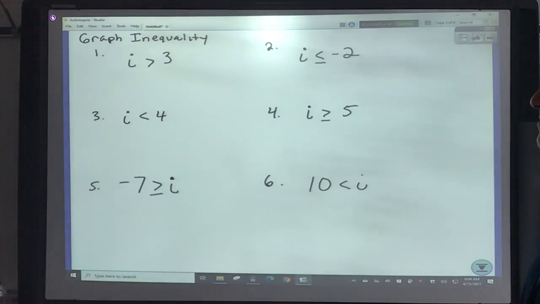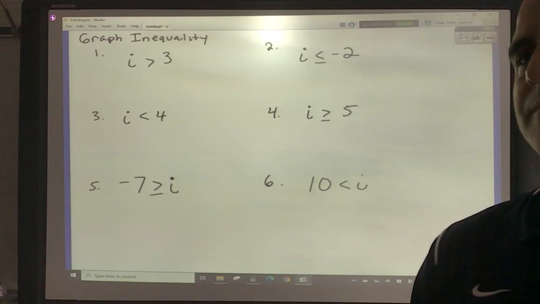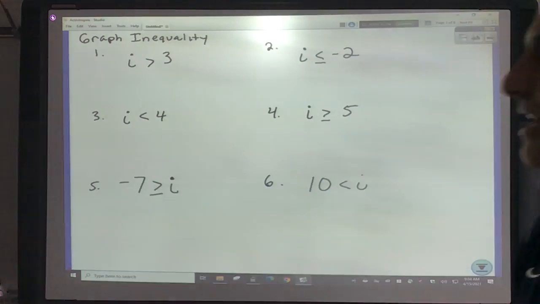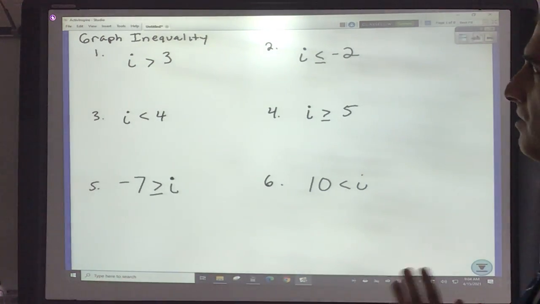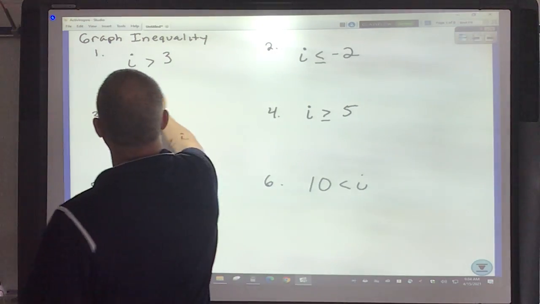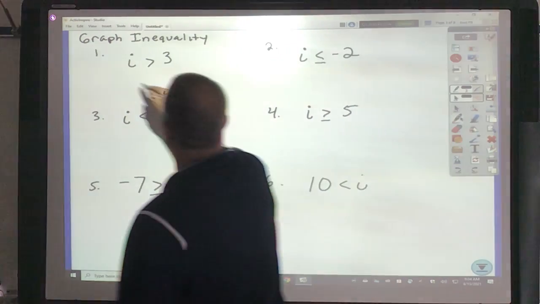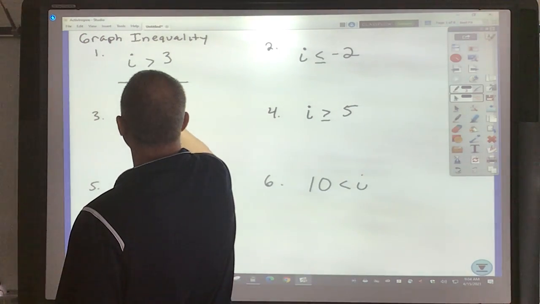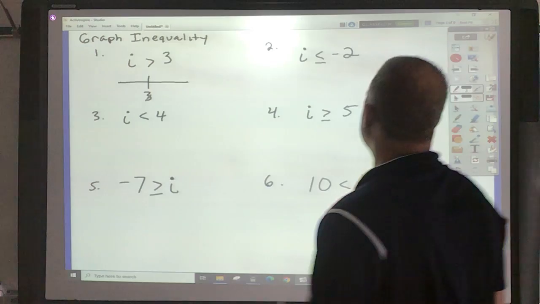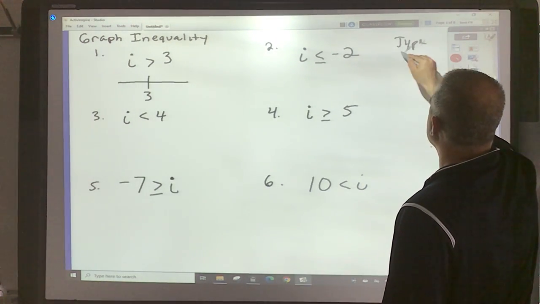Now, there are some things sometimes people get confused with because the pattern is not taught correctly, okay? First of all, when you make these, all we're doing is making a little number line here, okay? So I'm just going to make a little number line and just put a 3, for instance, okay? First thing you have to decide is the type of circle.